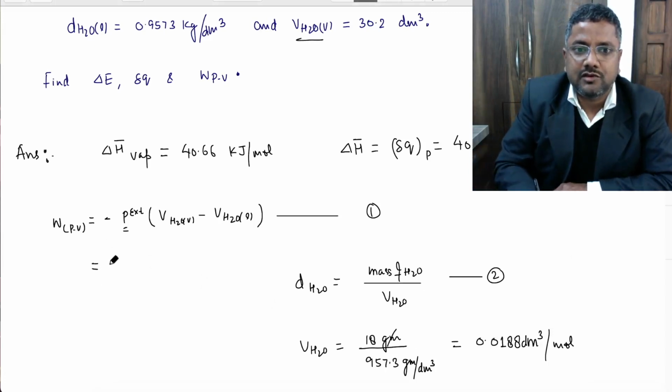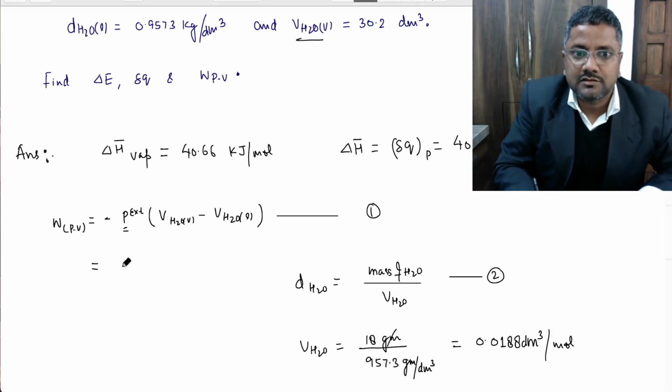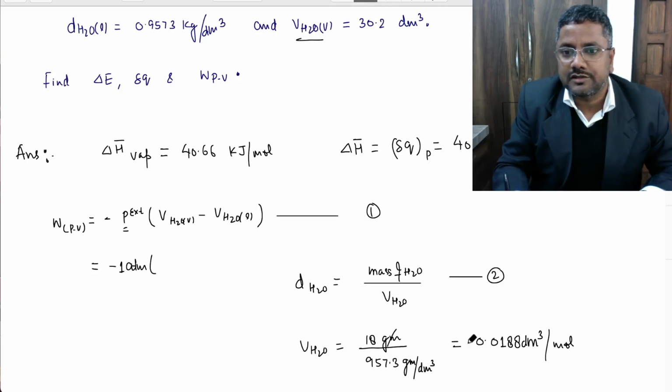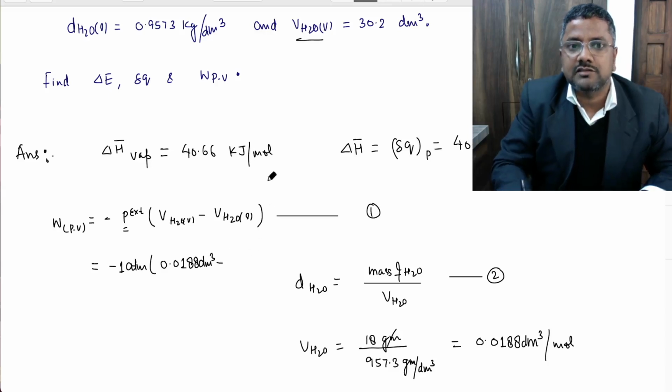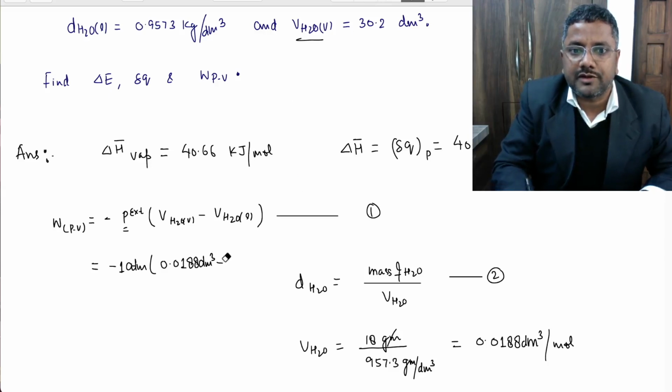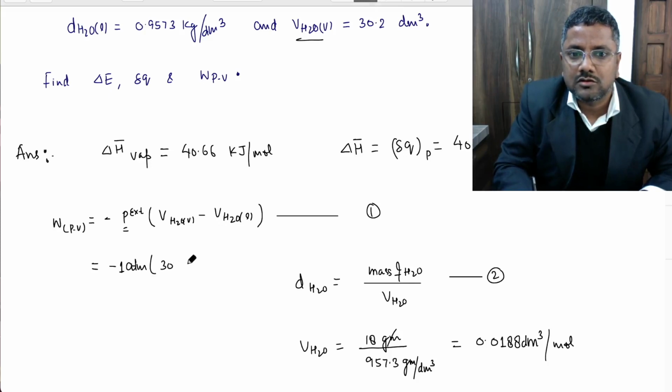Now see, WPV is equal to minus 1 atm times the volume of water vapor, 30.2 dm cube per mole, minus the volume of liquid water, 0.0188 dm cube, right?